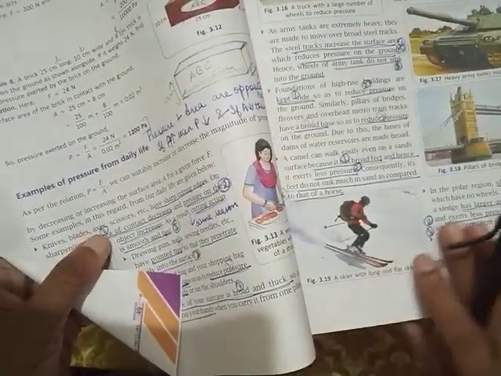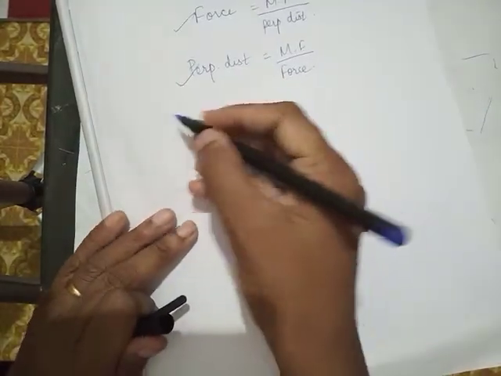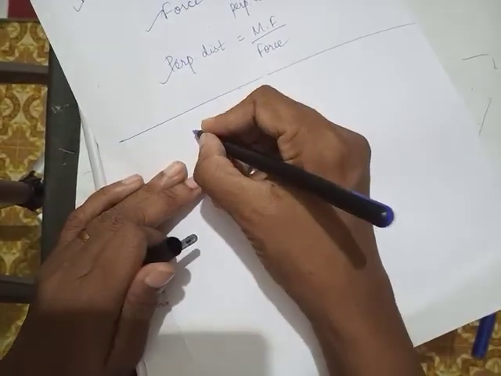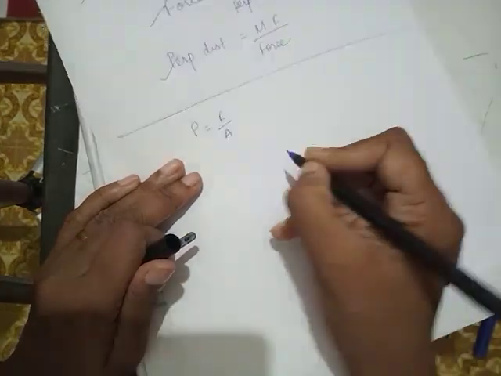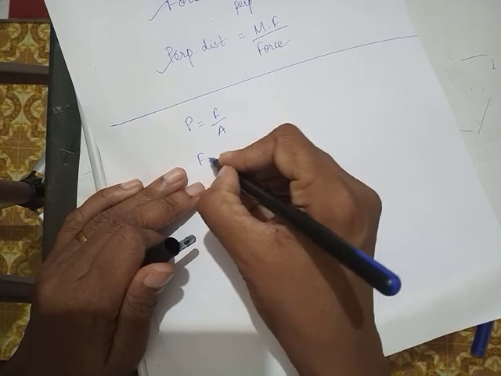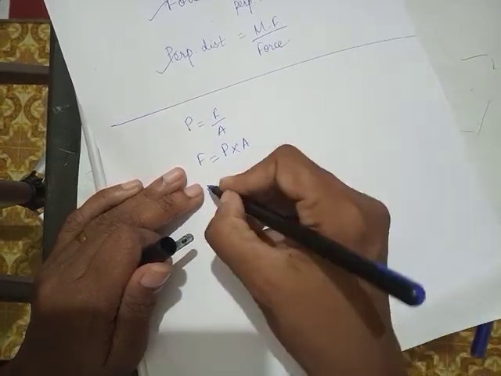Then you'll have numericals based on this. Newton per meter square or Pascal. Again, you will have 3 possible questions, three possible types of numericals. So pressure is equal to force upon area, or sometimes they can ask you to find force. Force will be pressure into area.